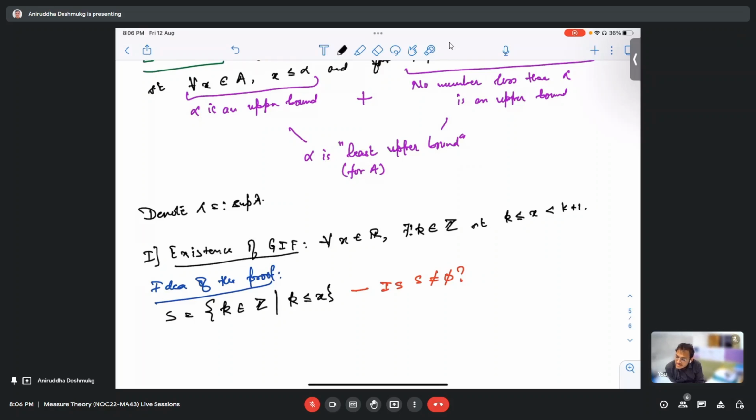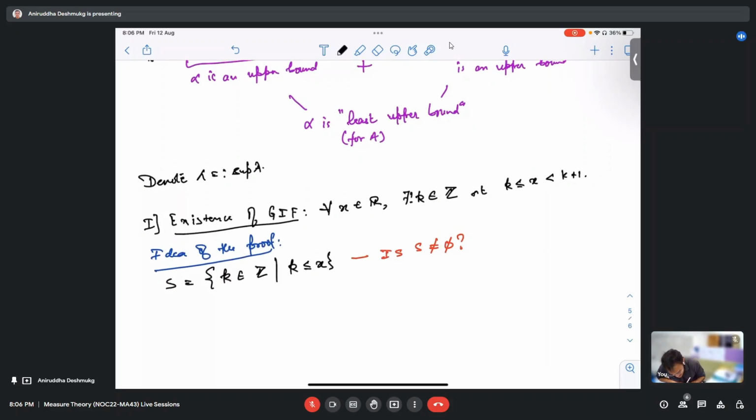Yes, but why? I think Archimedean property. Correct. Again, because of the Archimedean property, this is not empty. Particularly, if S is empty, then what it means is that for every k in Z, k is bigger than x.